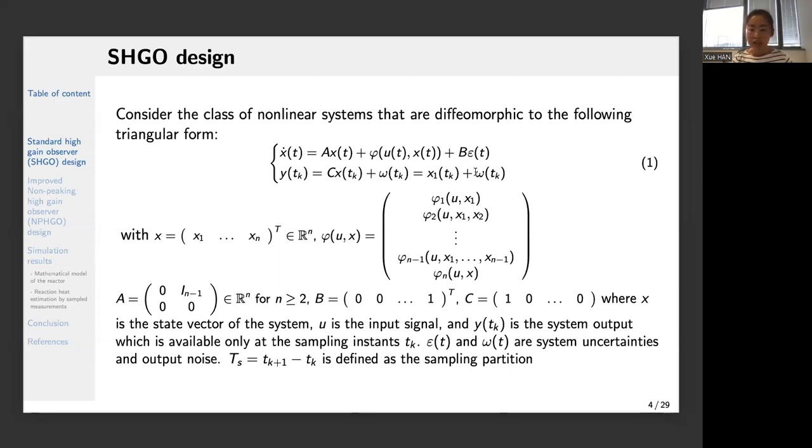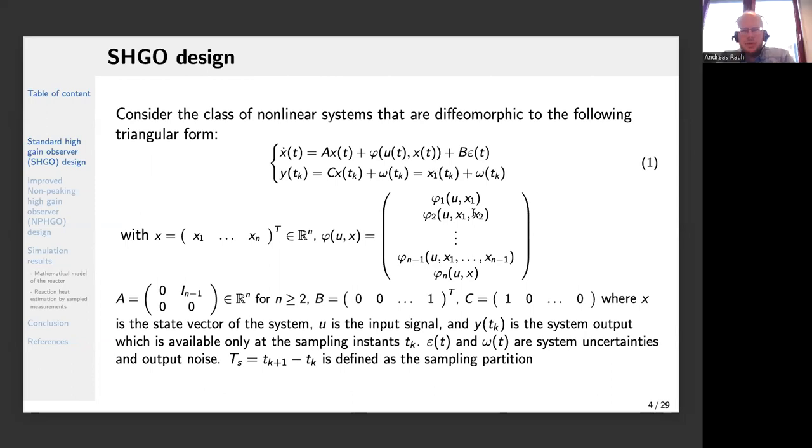In the 2015 reference, we actually consider multiple outputs. But to explain clearly the convergence and the whole procedure, I use only one element. So it works for the multiple output case.